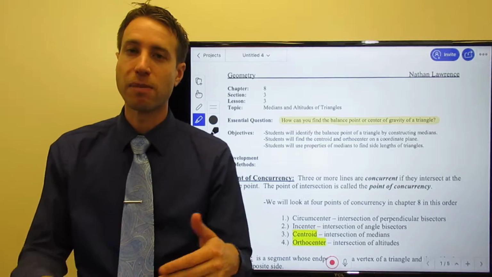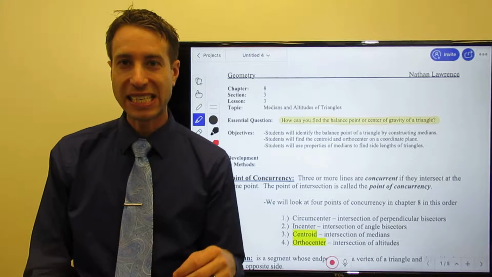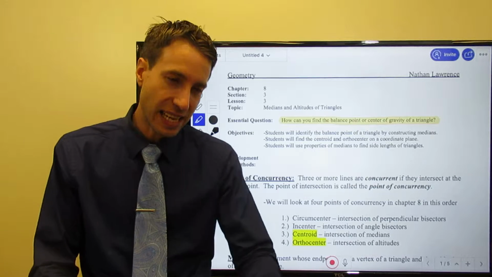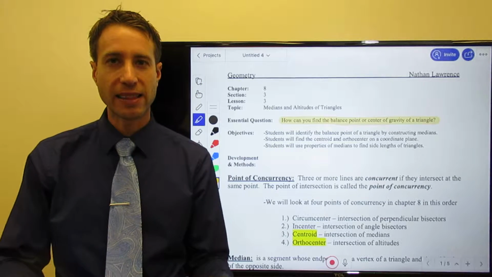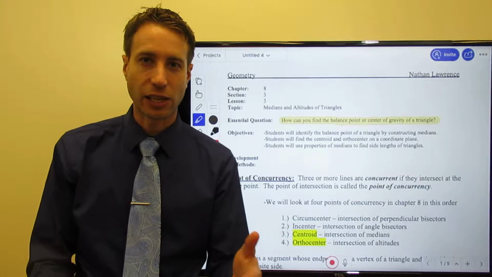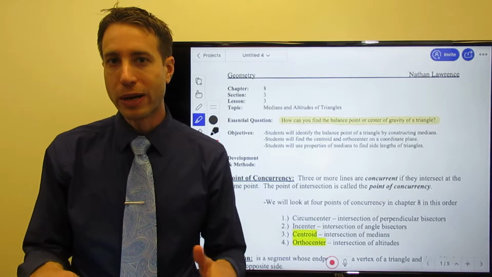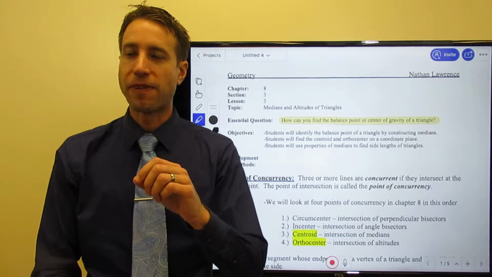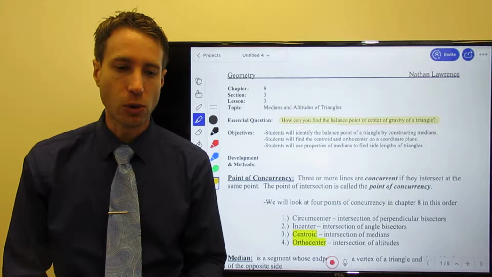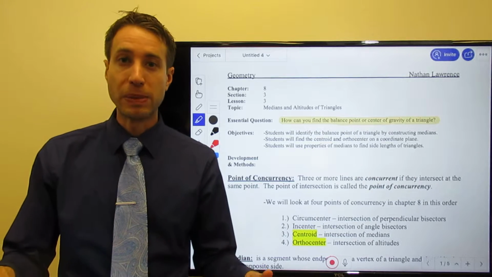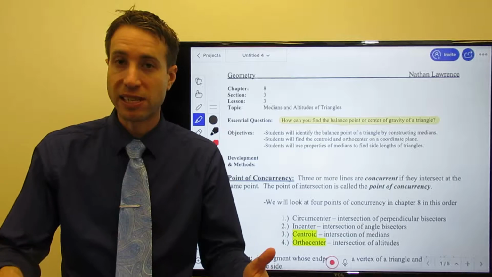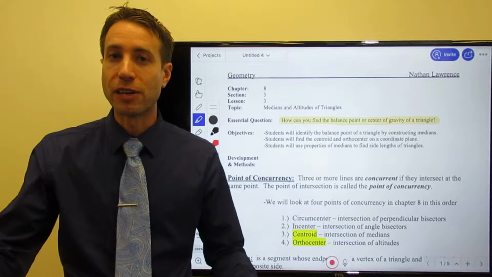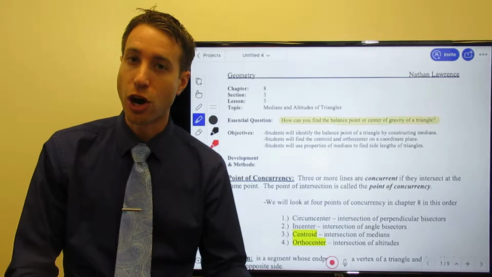It's actually an important idea when it comes to finding the center of mass of really any object. In this case, we're going to talk about triangles. Being able to find the center of mass, especially in things like cars or vehicles, knowing where their center of mass or center of gravity is, is really important when it comes to finding the safety rating of that vehicle, and knowing whether that will be a vehicle that will keep its occupants safe in a collision, or even just how that vehicle will handle if weather conditions are not ideal.